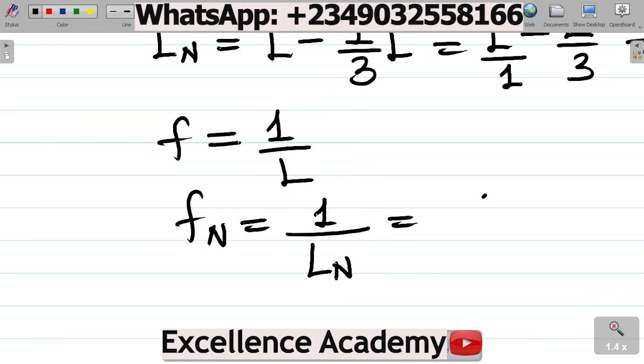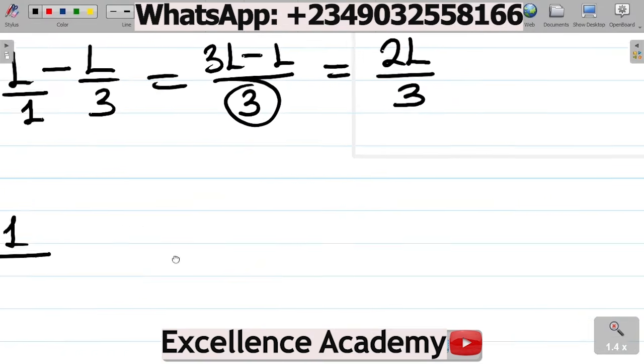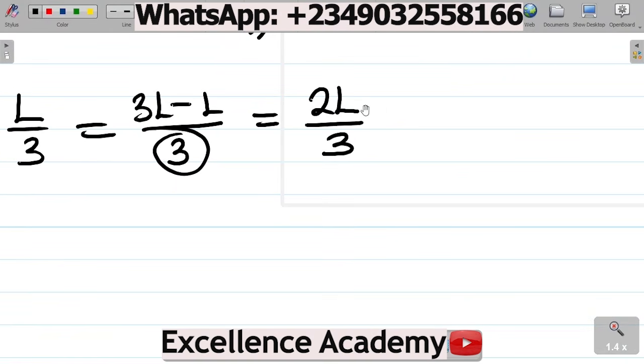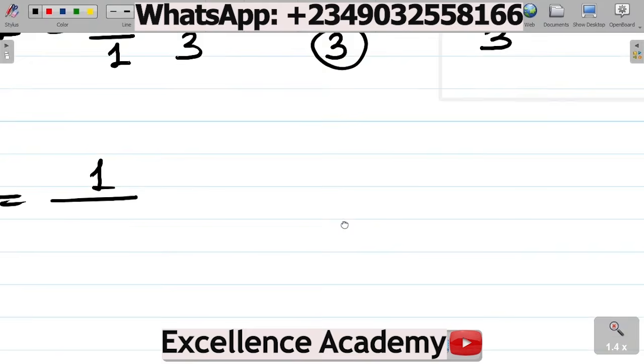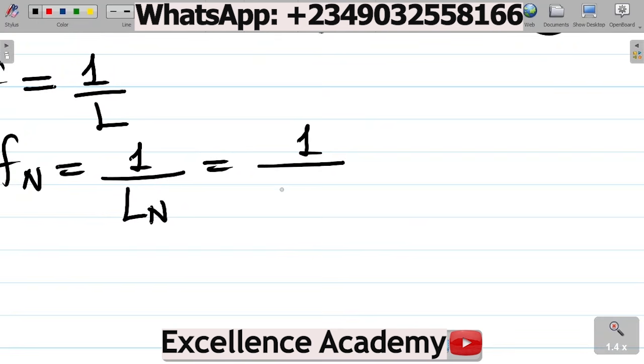This is equal to 1 all over the new length. What is the value for the new length? Looking at this, the value of the new length is simply 2L/3. So in place of the new length, I'll put 2L over 3.